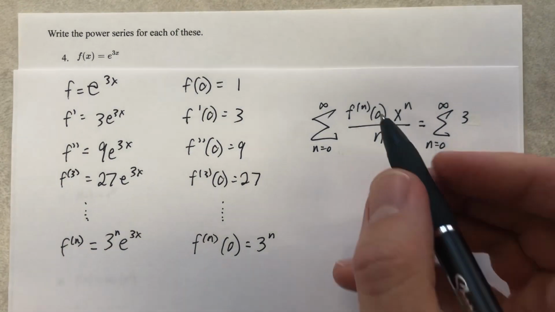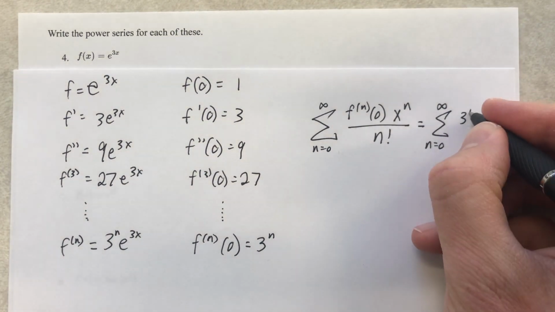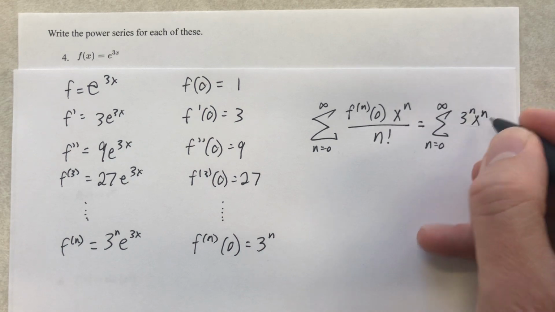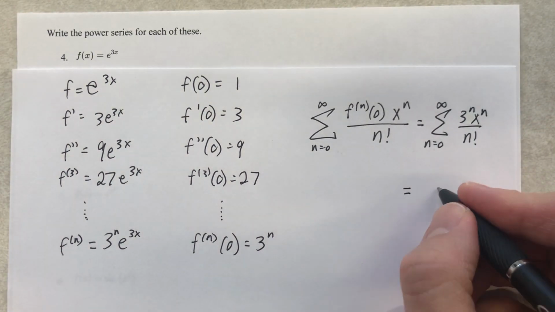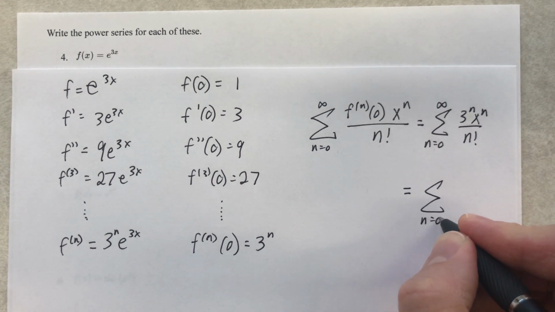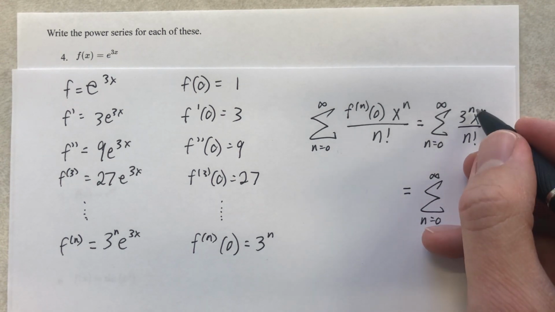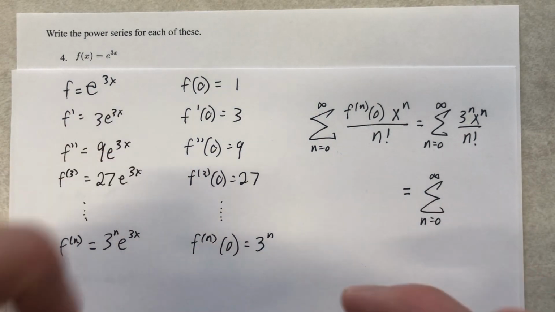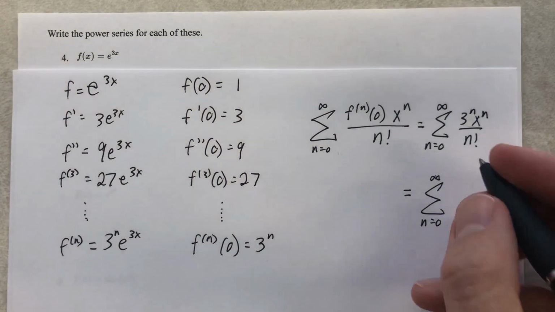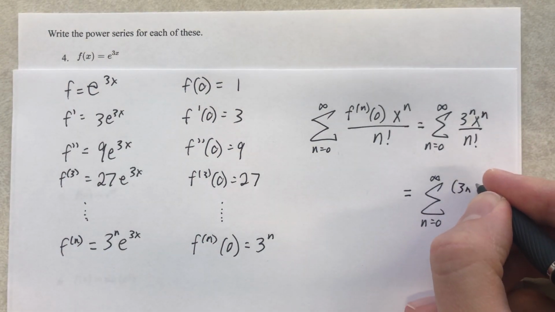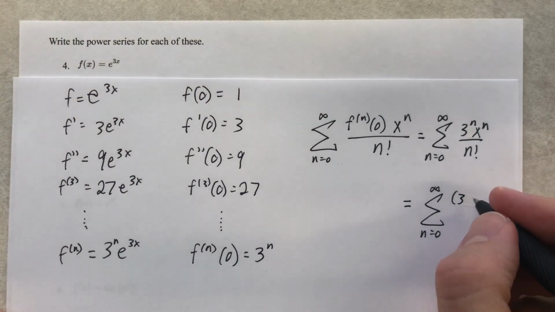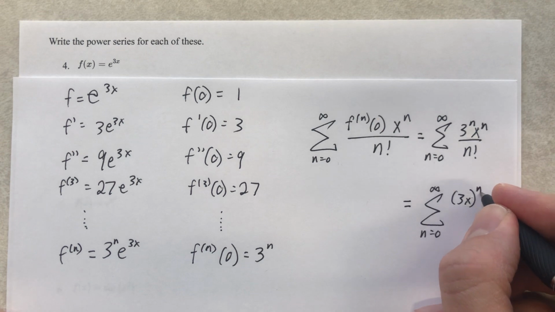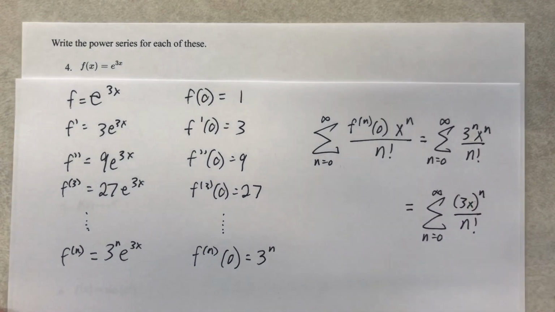The nth derivative of f evaluated at 0 is 3 to the n, so 3 to the n, x to the n over n factorial. And you can rearrange this just a little bit, and you're going to get the sum from 0 to infinity of, let's take that exponent and factor it out, air quotes on that factoring, 3x, my apologies, 3x to the n power over n factorial.